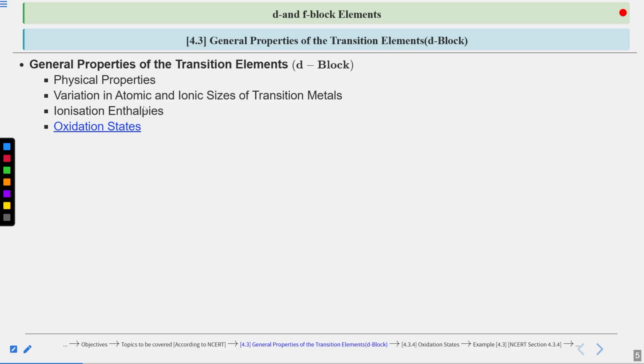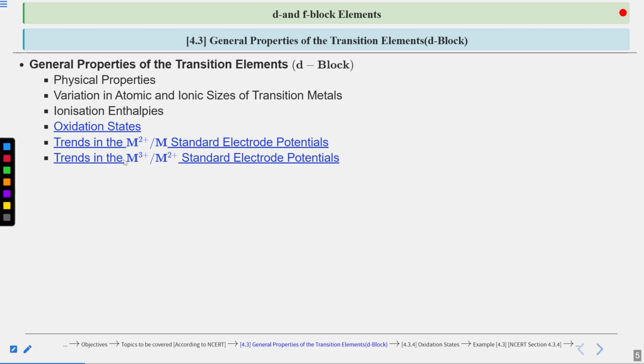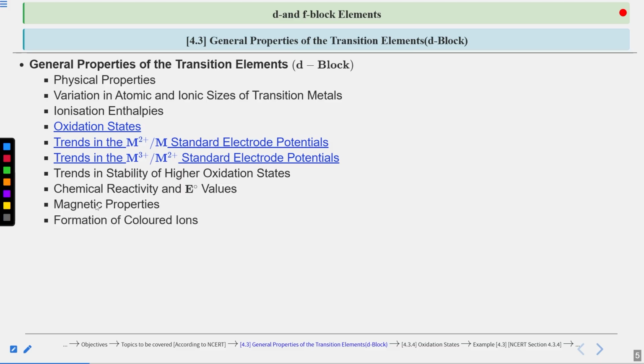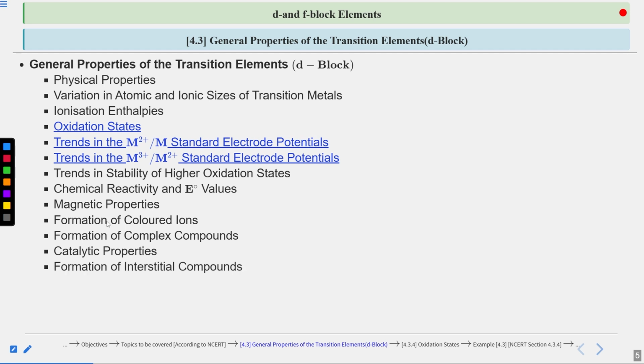Today we are going to cover oxidation states, trends in the M2+ to M standard electrode potentials, and trends in M3+ to M2+ standard electrode potentials. The remaining general properties we will cover in later lectures. So let's start.